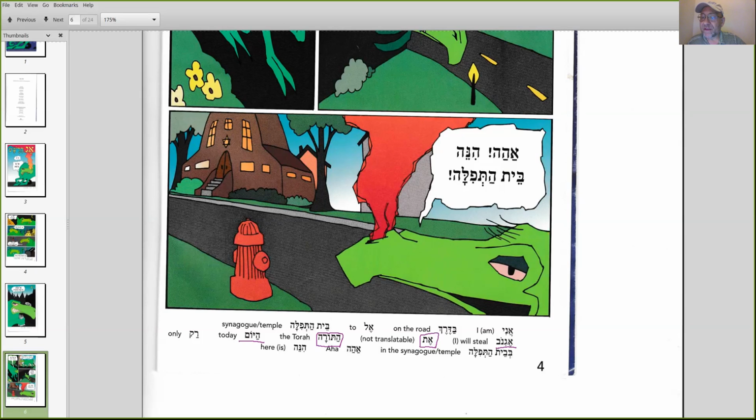Okay, so Hayom means today. We have a hey and a patach. That's how we get the ha. A yod and a dagesh there. Here is a holem.